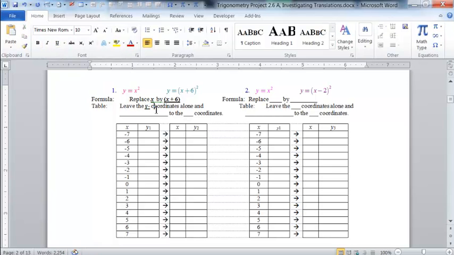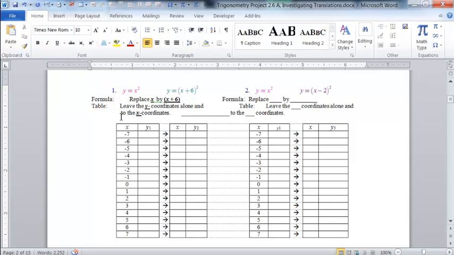By the way, notice what I'm doing. I'm just typing in some things. Notice I was able to use things like bold and underline when highlighting something here. These things I can use to change the format. So we're going to leave the y coordinates alone, and it's the x coordinates that are changing here. How are we going to change the x coordinates?